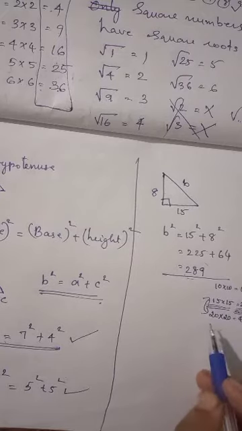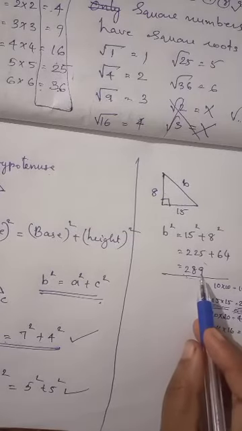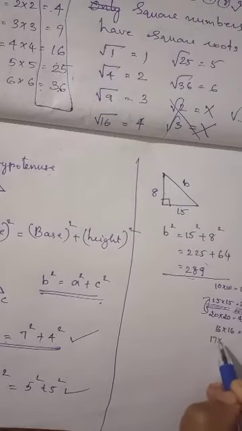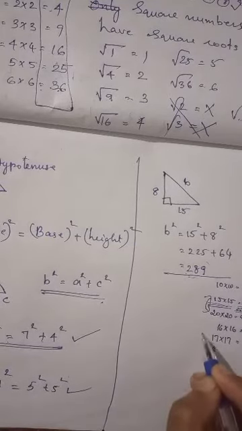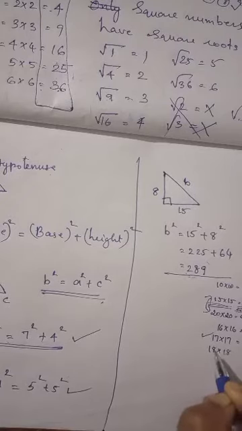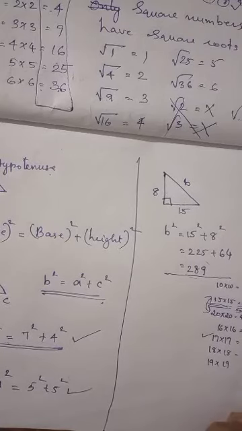Okay, so we have to check that. 16 into 16: 6 6s are 36, the last number will be 6, but it is not 6 here. Then check 17 into 17: 7 7s are 49, 9 is coming. Maybe 17. 18 into 18: 8 8s are 64, not 4. 19 into 19: 9 9s are 81, not 1.